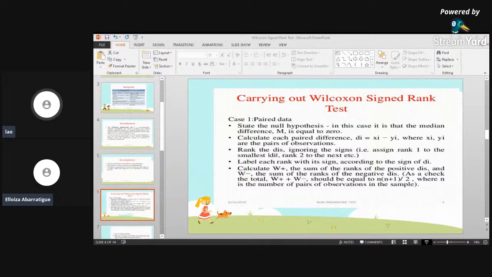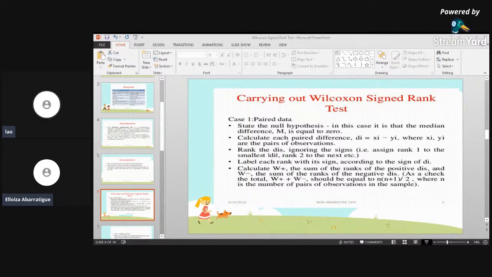Carrying out the Wilcoxon signed rank test. We have cases when it comes to a paired test. We should state the null hypothesis; in this case, the median difference M is equal to 0. Then we calculate each paired difference. Here it is written as x_i and y_i, while in what we studied before it was x sub 1 and y sub 1.